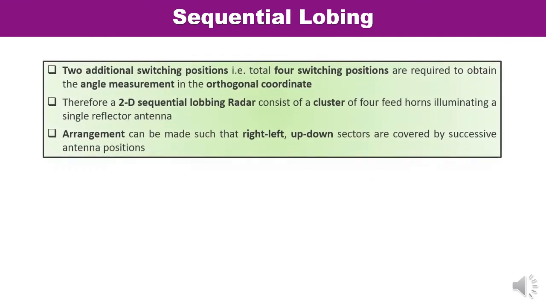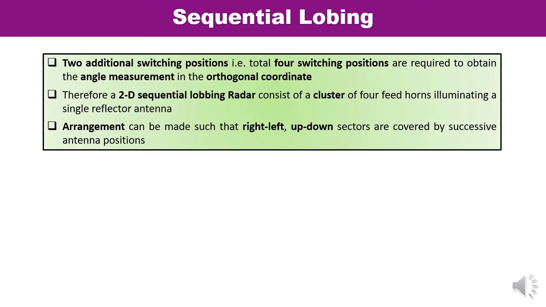Now, two additional switching positions are required. Earlier two switching positions were required, and with two additional ones the total number of switching positions is 4. They are required to obtain the angle measurement in orthogonal coordinates. So you must remember, for orthogonal coordinates we require a total of 4 switching positions.